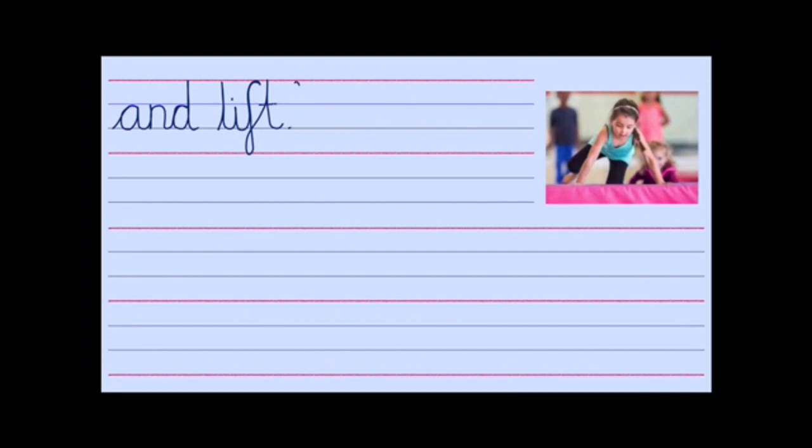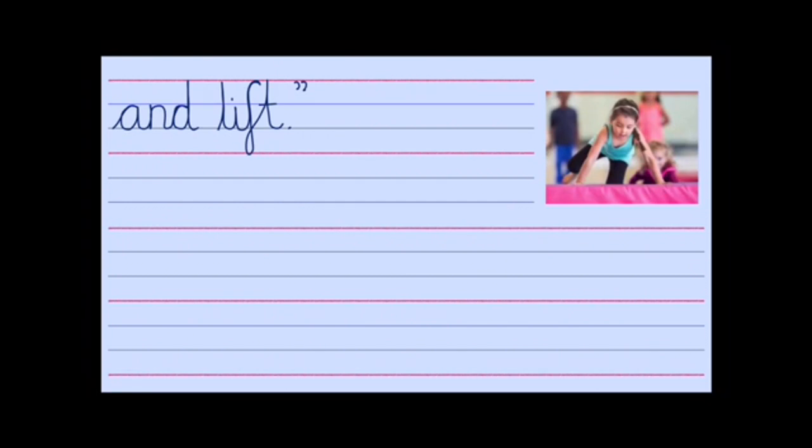And here we end the speech marks because Lib is busy doing the first part of what they were watching, a handstand. The next sentence, we will start a new paragraph because this is Lind that we're going to be talking about.